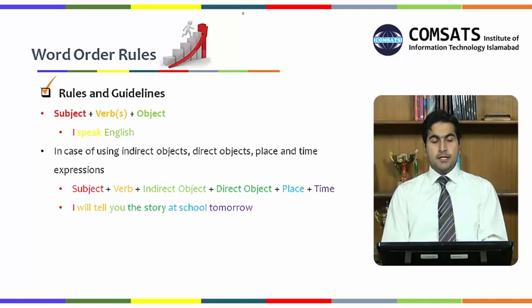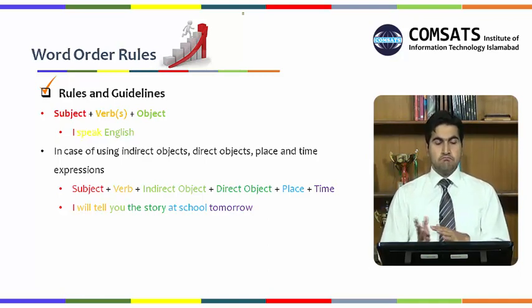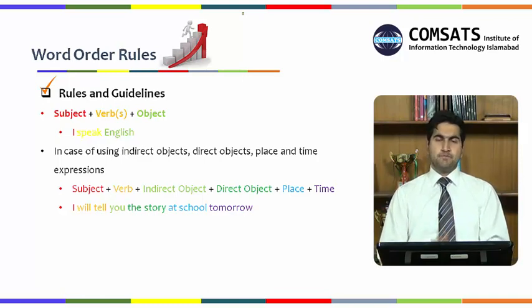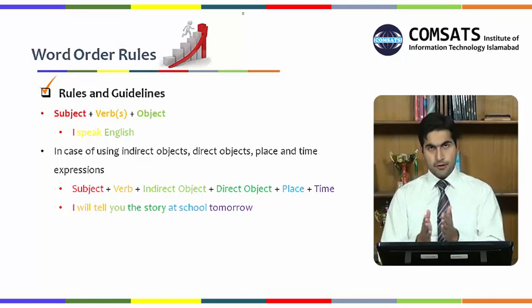If we move ahead, in case of using indirect and direct objects, we are not just restricted to a single category as you have just seen within this simple statement which is there in the beginning. There are direct objects being referred to, and the indirect objects which are basically included for the explanation.